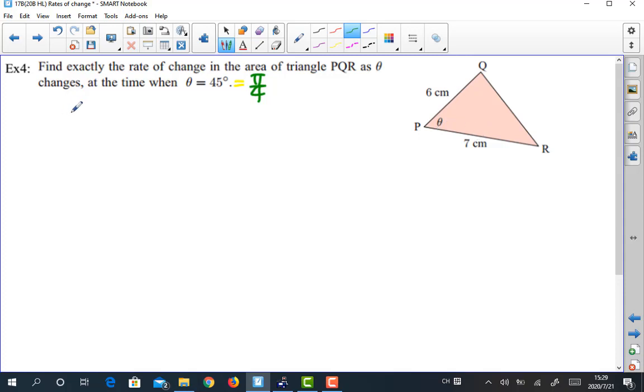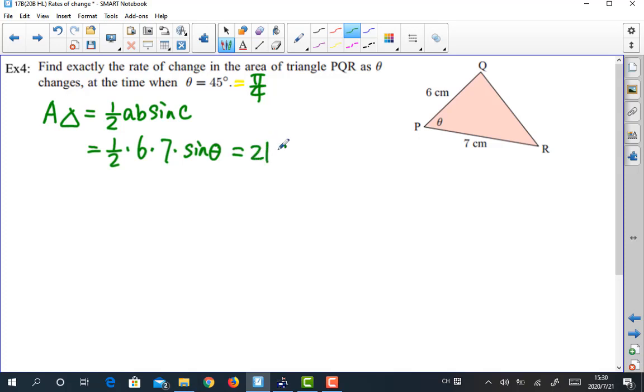If we want to find the area of a triangle, we can use 1/2 AB sine C, which is two sides with one angle between. So right now we have two sides with one angle between. So 1/2, A is 6, B is 7, C is theta. This gives us 21 sine theta centimeters squared.